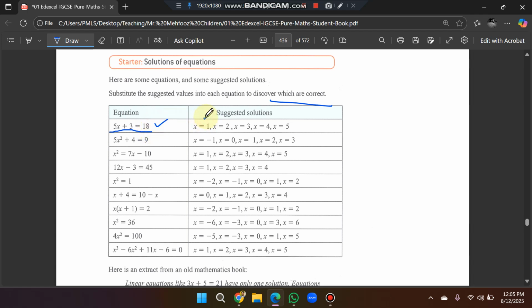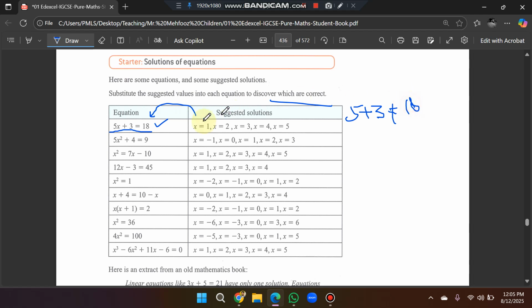If we put x is equals to 1, 5 multiplied by 1 equals 5, so 5 plus 3, that is 8. 8 is not equals to 18, right?